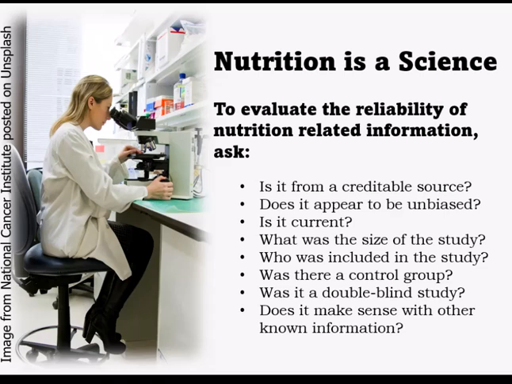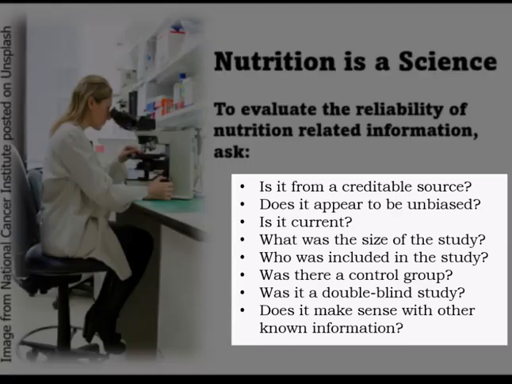When deciding if a piece of information is reliable or not, it can help to look at the credentials of the people providing the information. You can look at who funded the study, and be sure to look at the methodology used. For example, a study done in 1962 may or may not be relevant today.